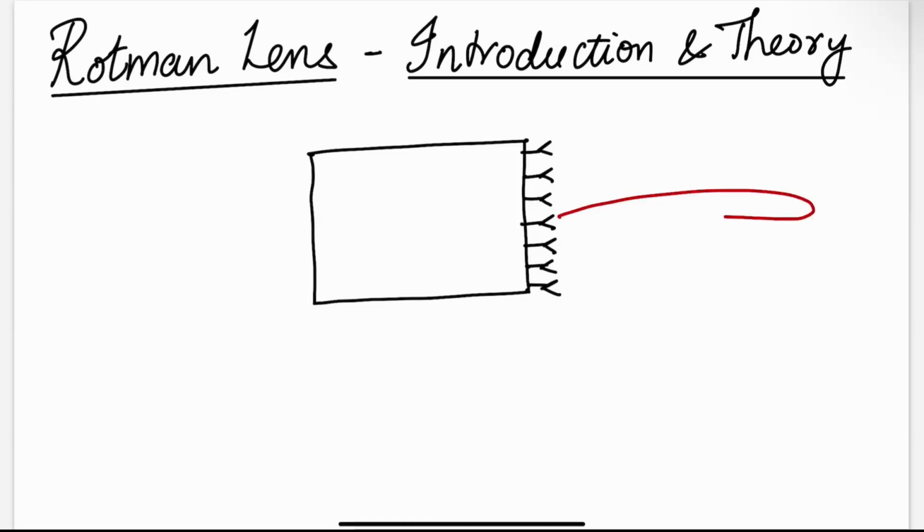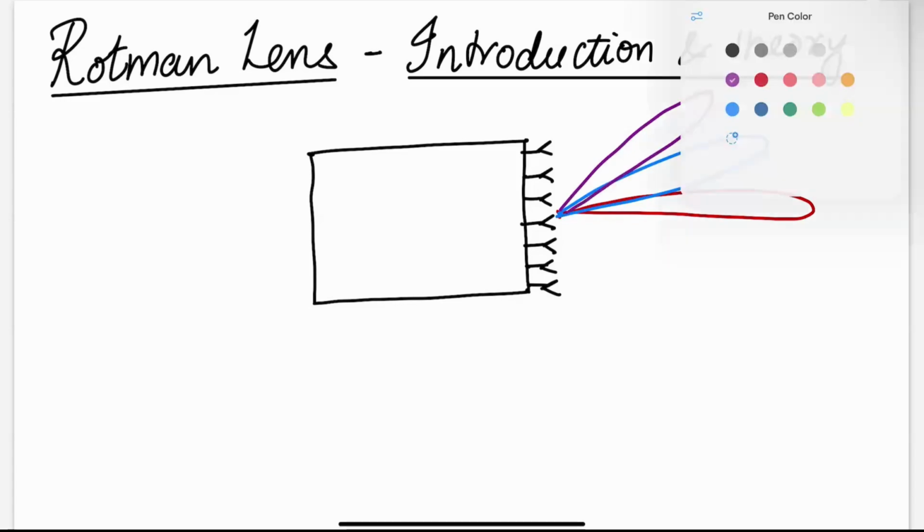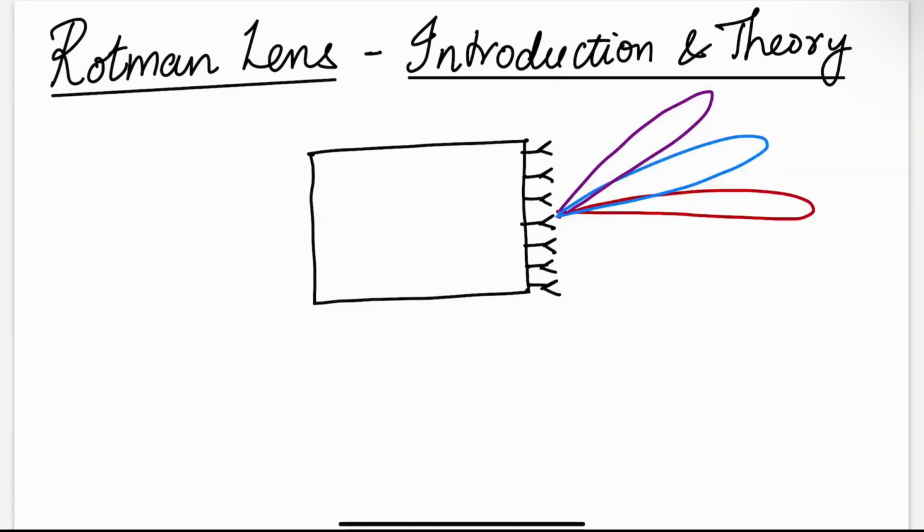Let's say I want to steer it in this direction, then in this direction, and then in that direction. Also like this and like this. So there are many ways to do this.